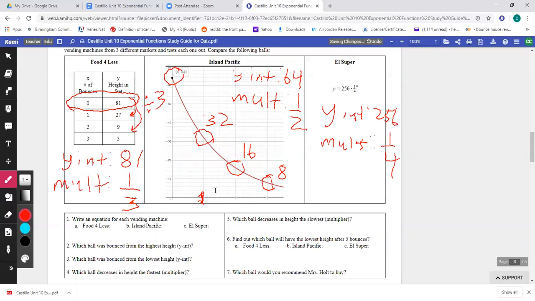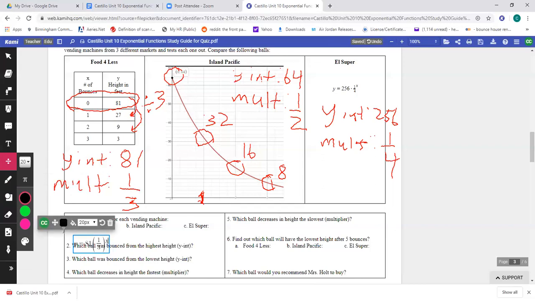Okay, so now that we have all of this information, we could go ahead and write our equations. So here should be y is equal to 81 times 1/3 to the x. Island Pacific, it's going to be y is equal to 64 times 1/2 to the x.